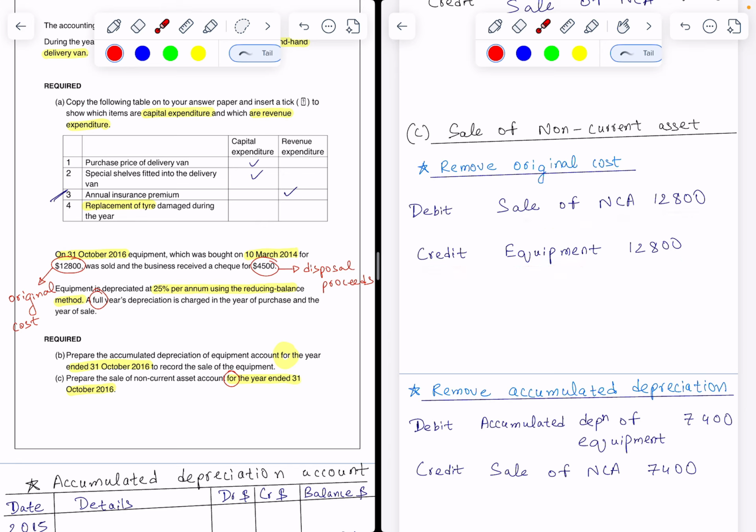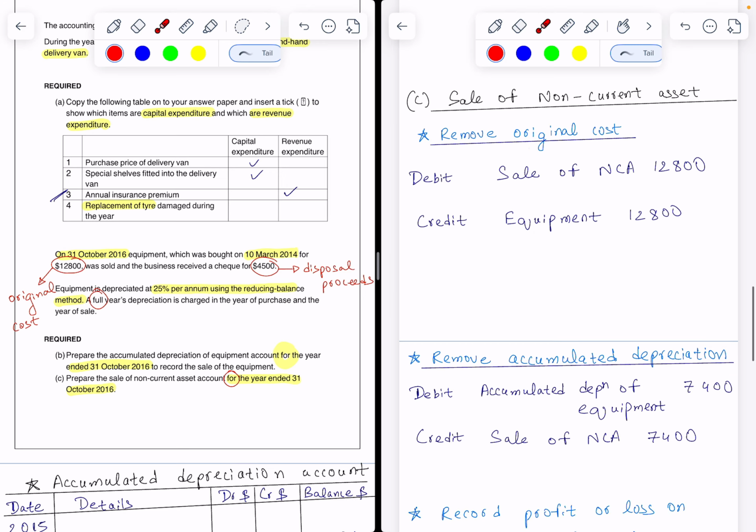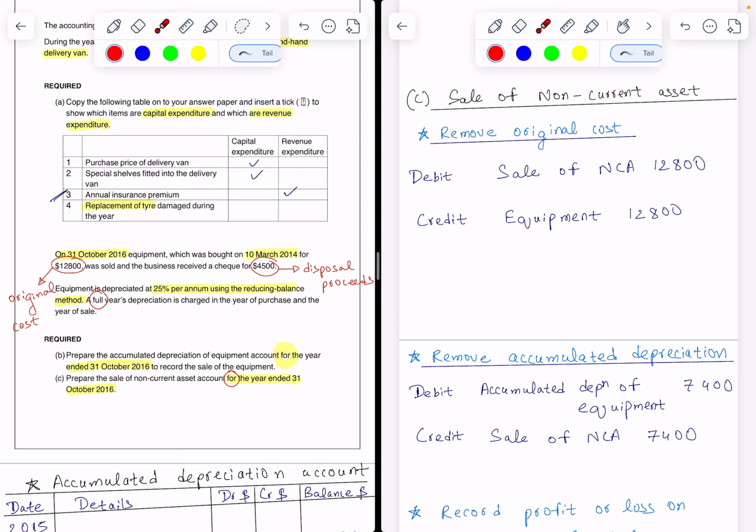Next, we want to remove the accumulated depreciation for this asset, which you have already looked into in the previous section. We understand accumulated depreciation, when it increases, we always credit it because it's a contra asset account. Now that we have sold this equipment, this asset no longer remains in the books, and we have to remove the total accumulated depreciation for this asset.